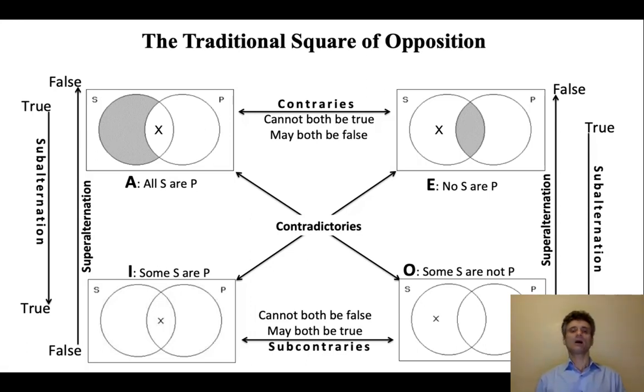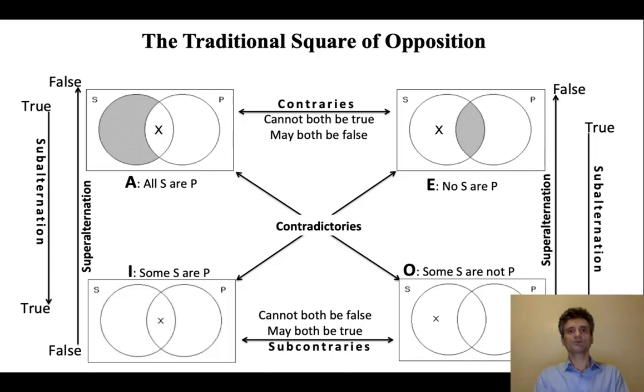So now why is the X there? There is an X inside A and inside E. So what I mean is that there is an X inside the circle representing the subject term in both forms A and E. Why is that?